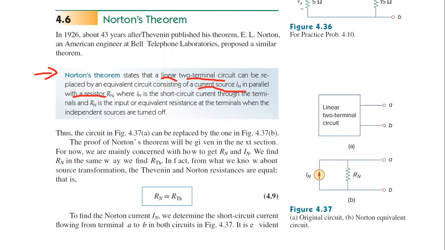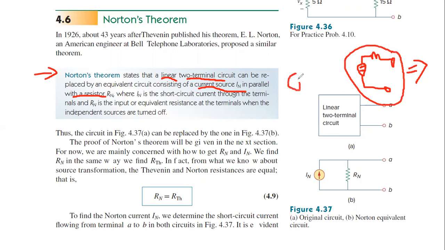As you know, in source transformation, when we convert a voltage source, plus and minus, which is in series with a resistance, if you want to convert this voltage source to the current source, there must be a resistance in series with the voltage source. Then only can I convert this voltage source into the current source.